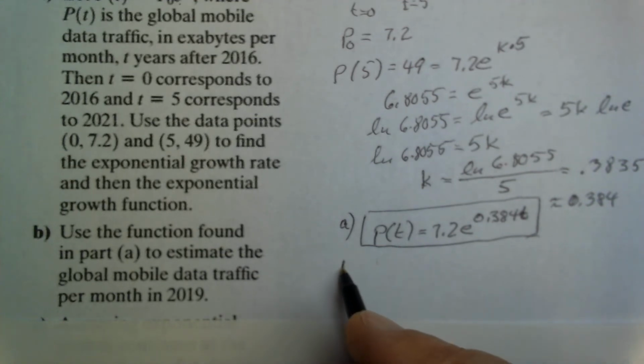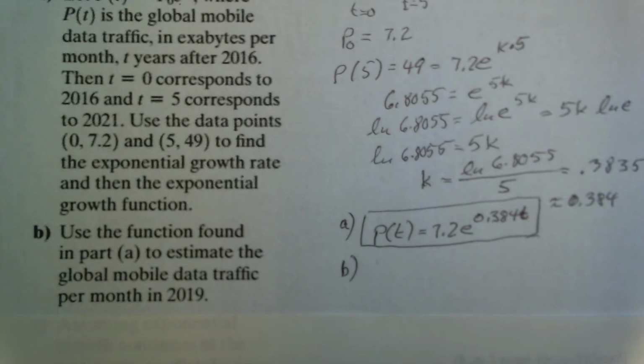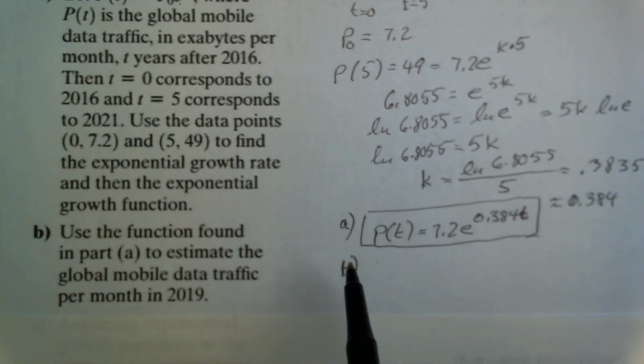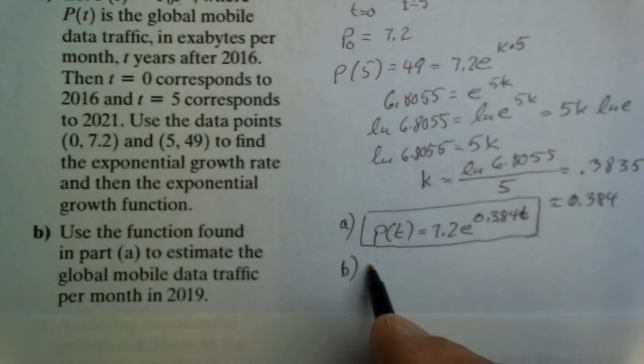For the B part, to find the mobile data traffic per month in 2019, that means t of 0 equals 2016, then 2019 t is equal to 3.